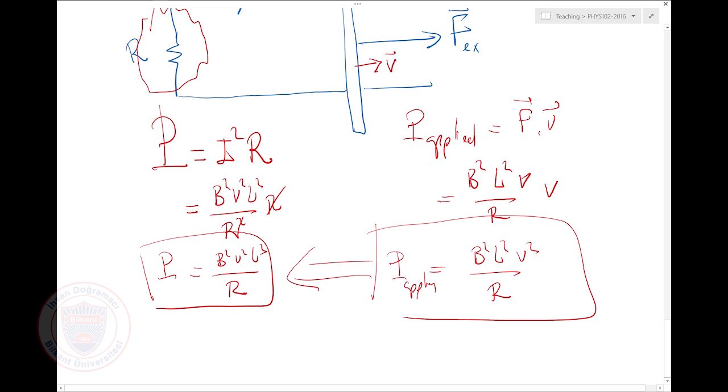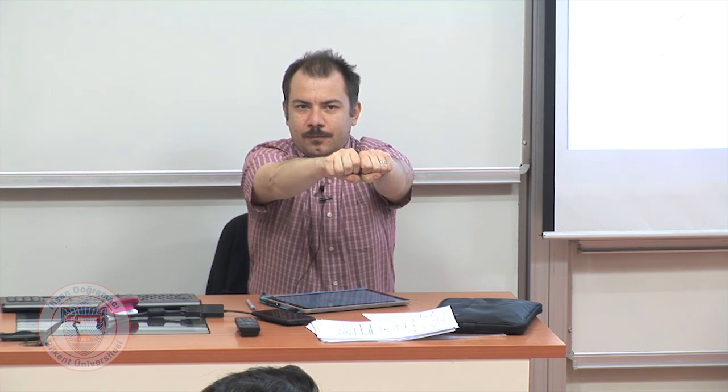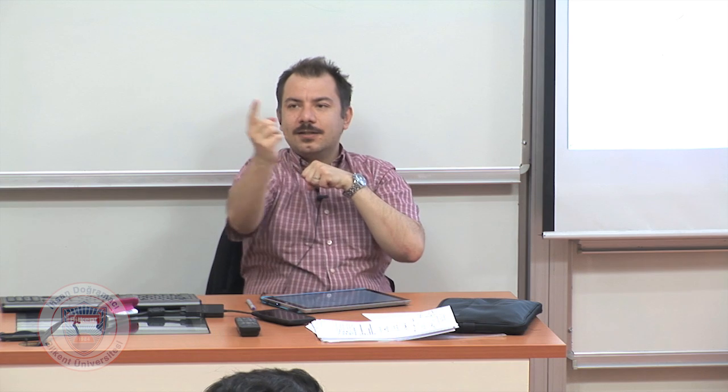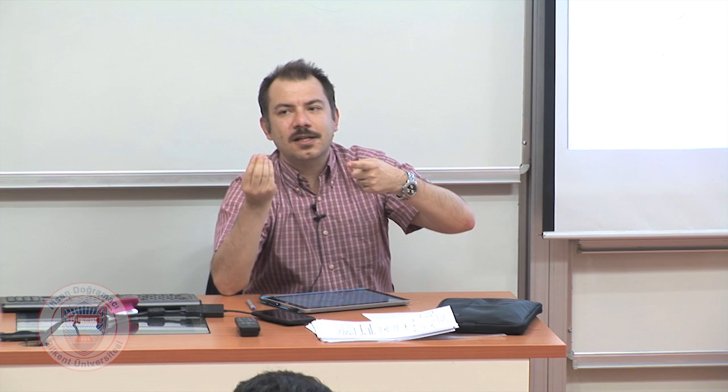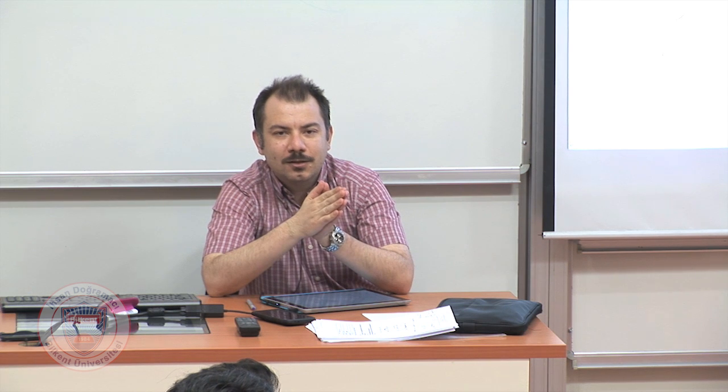Wow. So what does this device do? I am supplying mechanical work. And this device, the magnetic field actually, converts that mechanical work first into electrical energy, this current, and the resistor changes the electrical energy into heat. Okay, so magnetic field is a great way of converting electrical energy into mechanical energy, or just the opposite, mechanical energy into electrical energy.